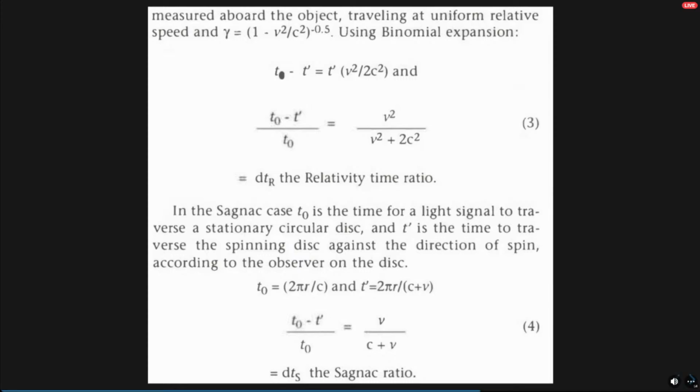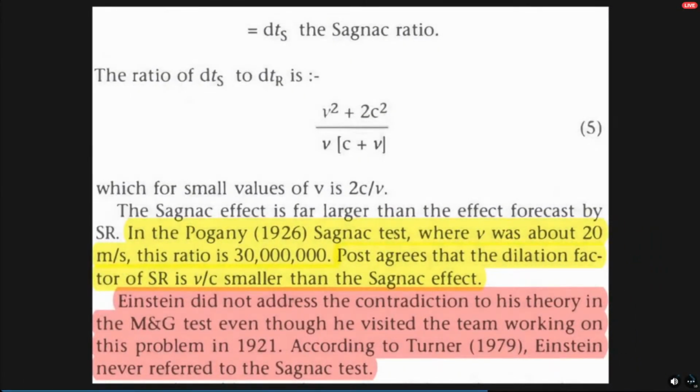So they give the full equation for that there. And then we have the ratio for DTS, so DT stationary, and DTR. So DT stationary is the time difference for the stationary observer in relation to the time difference of the observer in rotation, right? So remember how I said they have to invoke a geometrically convenient position to watch the non-inertial observer violate special relativity, and then base it on a time difference between the two.